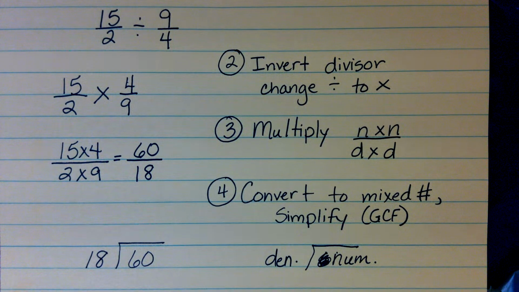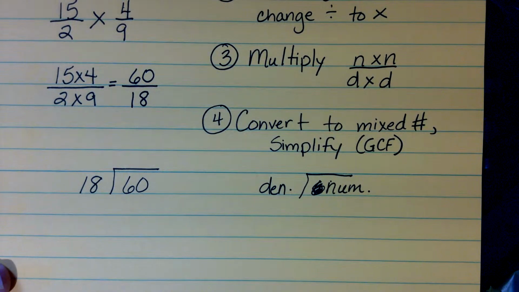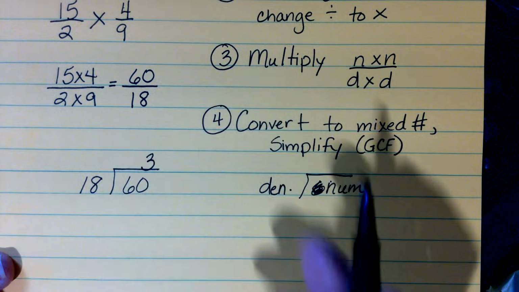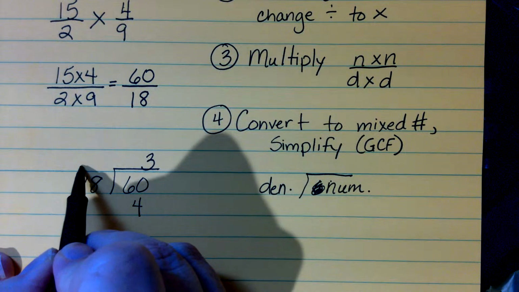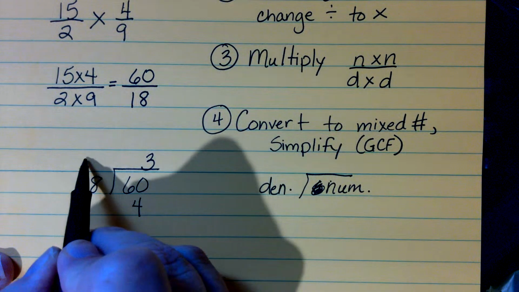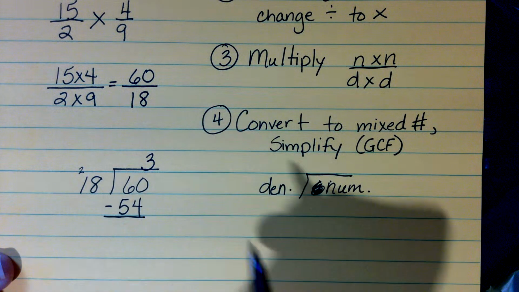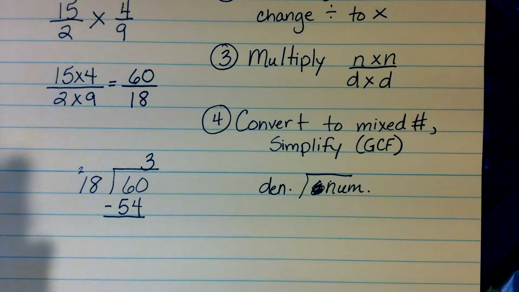I know that 18 is close to 20, so I think that 18 can go into 60 3 times, and I'm going to test that with my multiplication. 3 times 8 is 24, 4 carry the 2, 3 times 1 is 3, 4, 5, 54. If you know your multiplication facts, and if you can make relationships with estimation and rounding, that will help you.